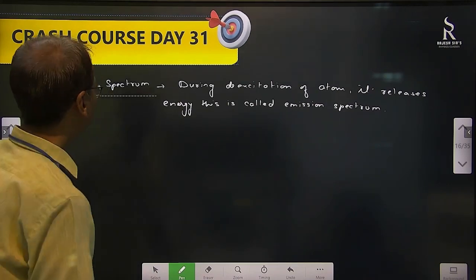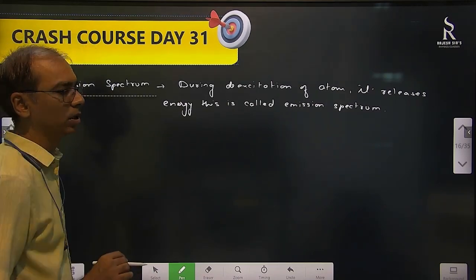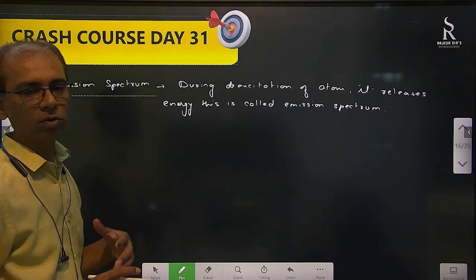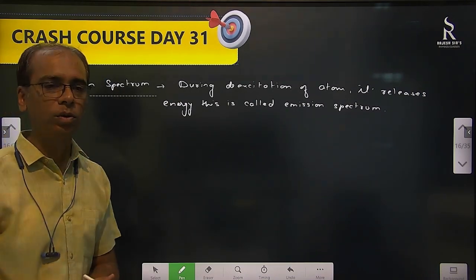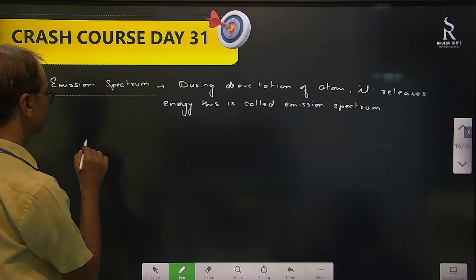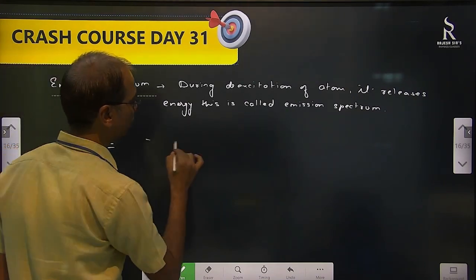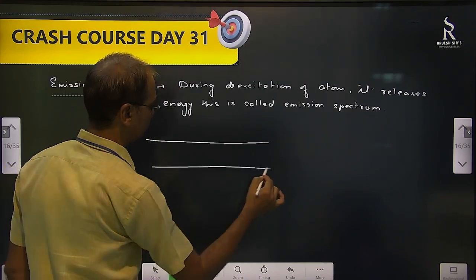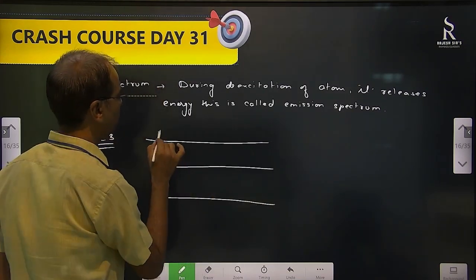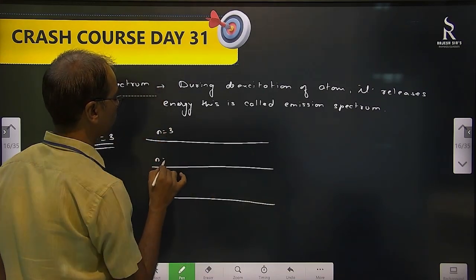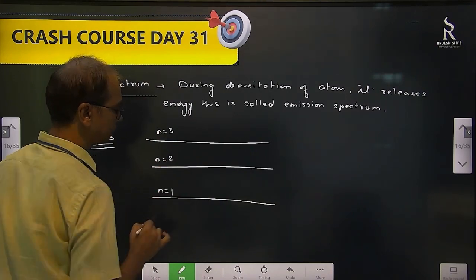So in this one we are saying that it is de-excitation. De-excitation means suppose it de-excites from n equal to 3 to n equal to 1. So what happens in that? This is n equal to 3, n equal to 2, n equal to 1.